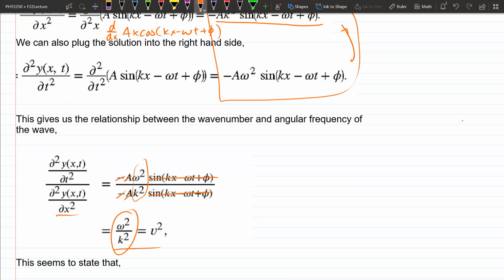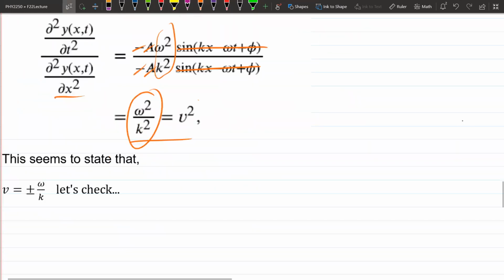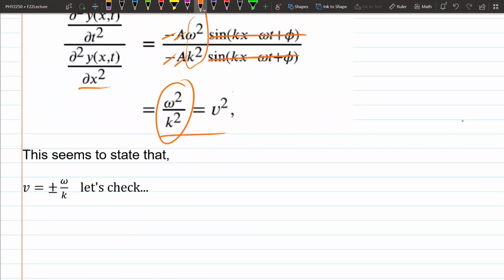So the speed of the wave, since it's a square, could be plus or minus omega over k. If you square root both sides, that means v is either equal to plus or minus omega over k. So is this true?